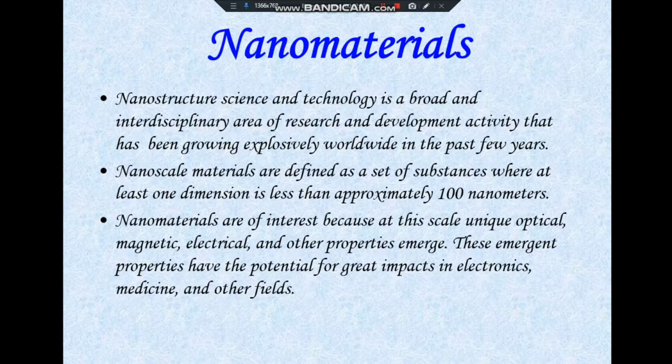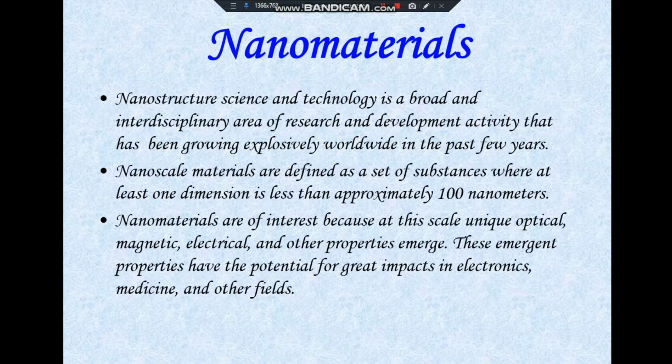Nanoscale materials are defined as a set of substances where at least one dimension is less than approximately 100 nanometers. Why do we choose them? Because at this scale unique optical, magnetic, electrical and other properties emerge. These emergent properties have the potential for great impacts in electronics, medicine and other fields.